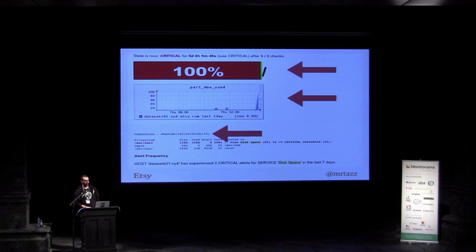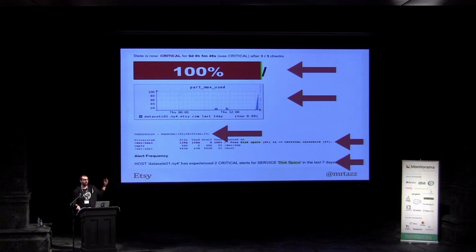You get information about what the actual thresholds on the alert are. You get the output of df to figure out which partition is running low on disk space. You also get a Splunk search in there, which tells you this alert went off 2 times in the last 7 days.